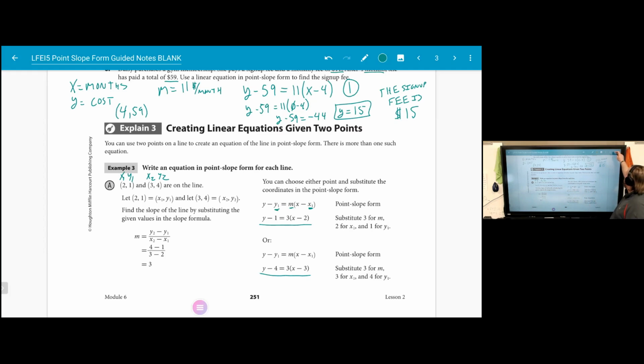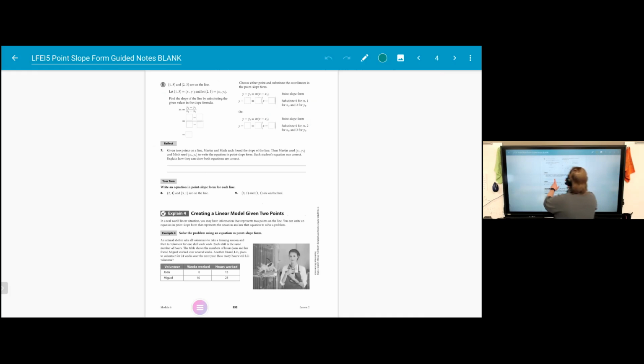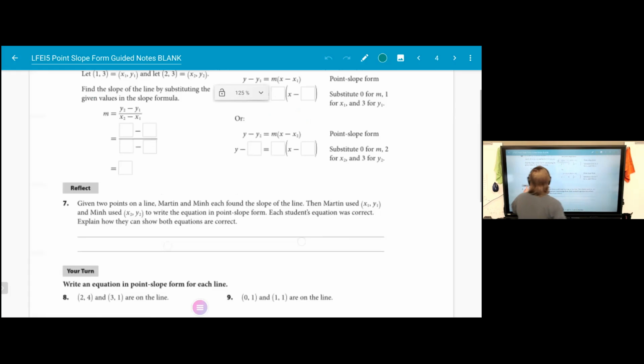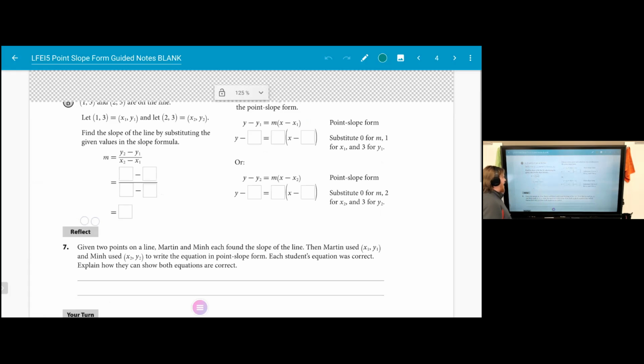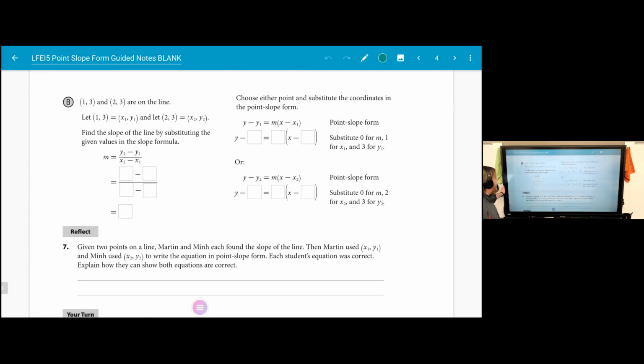Let's take another look. One more example here. We've got 1, 3 and 2, 3 on the line. Well, first we got to find the slope. So I'm going to call this one x1, y1, and this x2, y2. So m equals 3 minus 3 divided by 2 minus 1. Well, this ends up being 0 because 3 minus 3 is 0. 0 divided by 1 is 0.